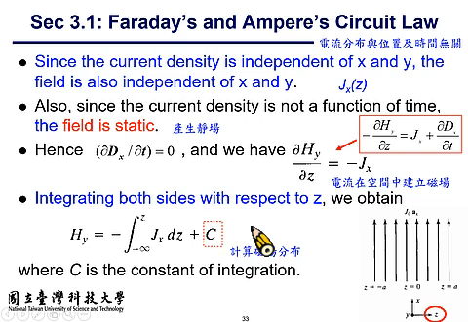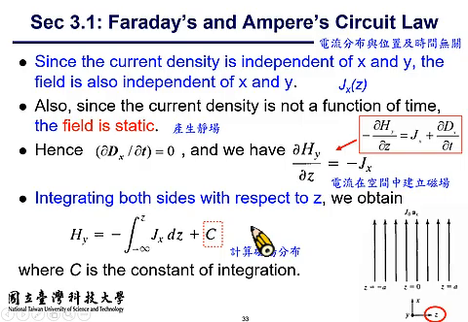Well, a simple integration along the z direction. You take the line integral on both sides with respect to z, and you end up with Hy equals the minus of the integral of Jx along the z direction from minus infinity to z.